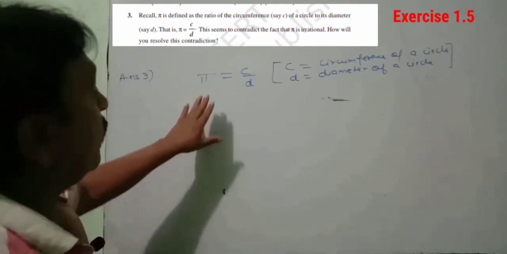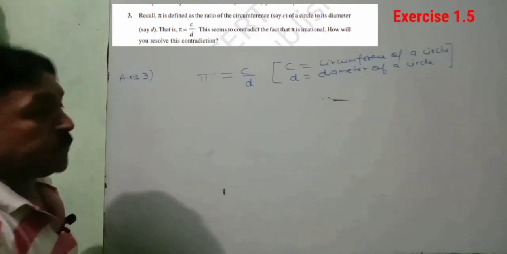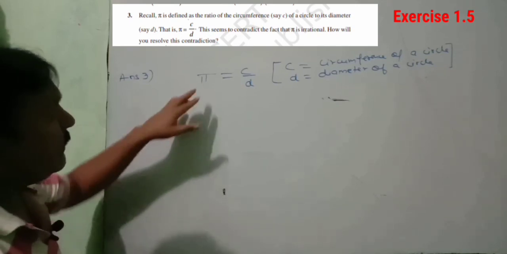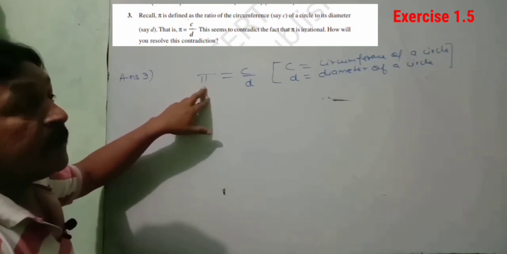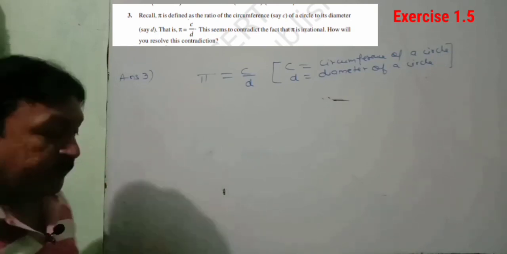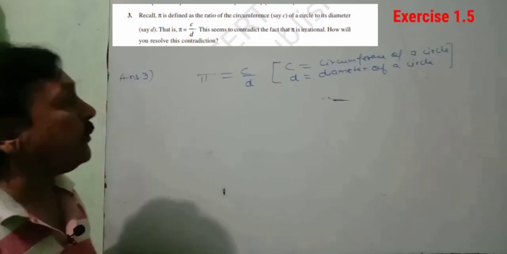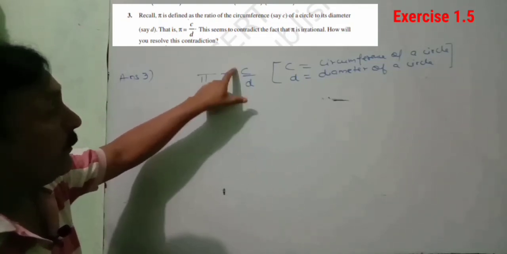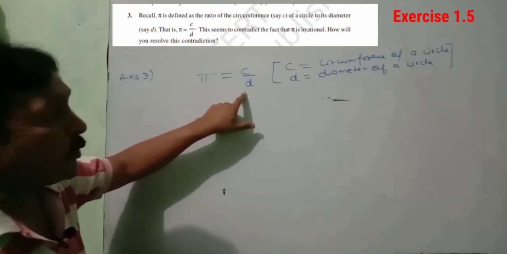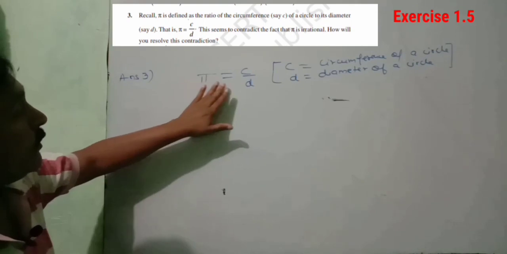It means the question is saying that we all know, in the previous exercises also in our chapter we had studied, that pi is actually irrational. Okay. And we had also seen the definition of irrational numbers, that irrational numbers are those numbers which cannot be written in the form p upon q, where p and q are integers and q is not equal to 0. But in this question it is giving pi equals c upon d.